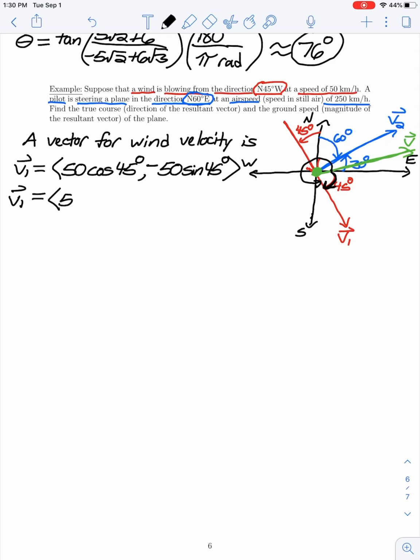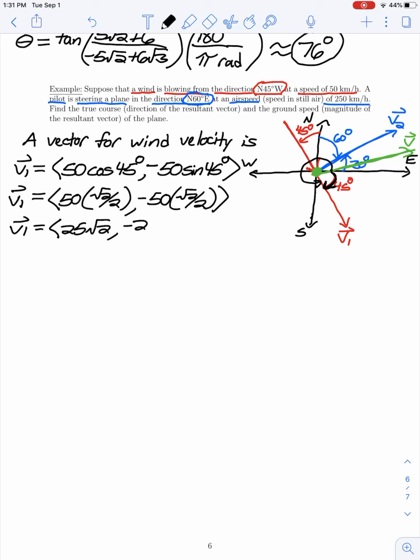For our first component, we have 50 times cosine of 45 degrees, which would be root 2 over 2. And then a negative 50 times sine of 45 degrees, which is root 2 over 2. So V1 is given by 25 root 2, negative 25 root 2.